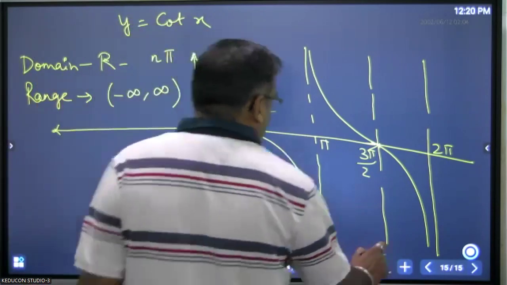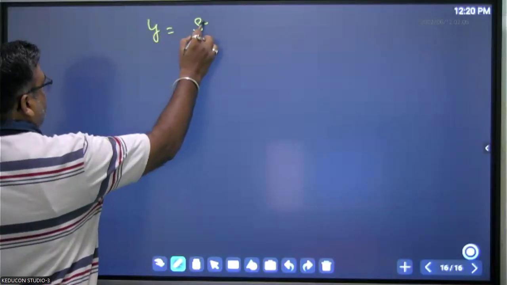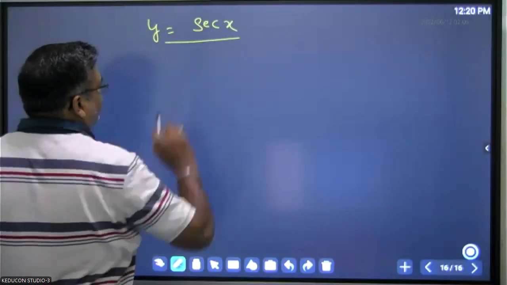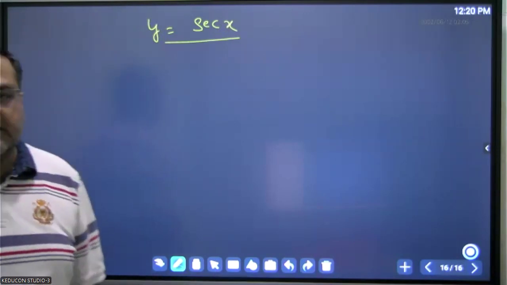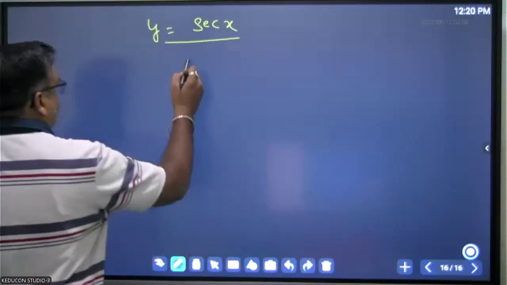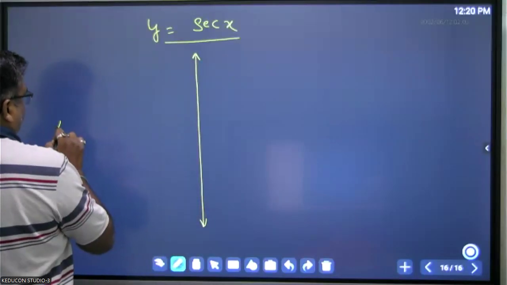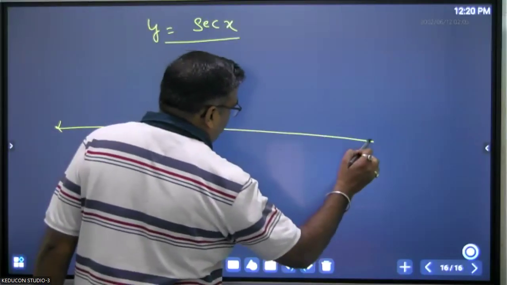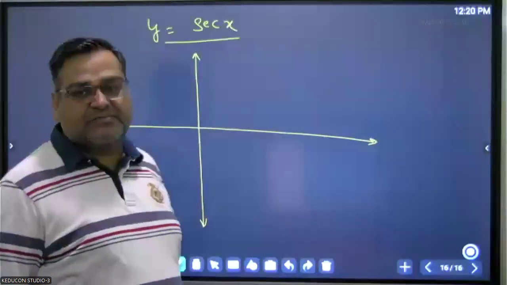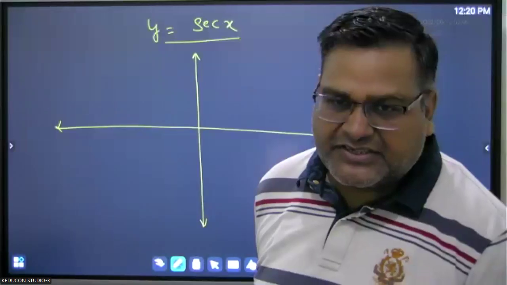Now we move on to secant x. What does the graph of secant x look like? Now tell me what is the value of secant 0 degree? Who will tell me, son? Please put in the chat box the value of secant 0 degree.